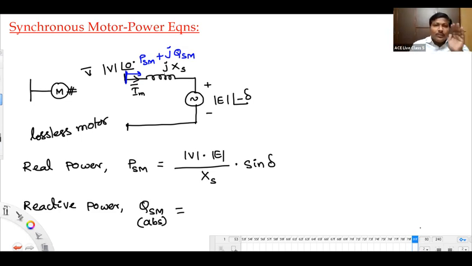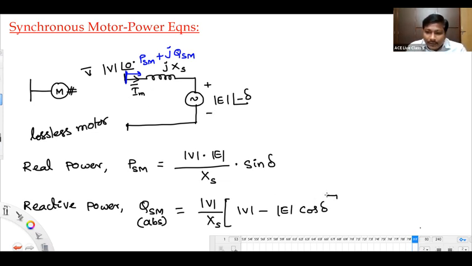First we should take this one, direction from V to E, so I should write mod V minus mod E. Who is the reference? V is the reference, so E we should replace with E cos delta. All of you getting it? Please tell me.